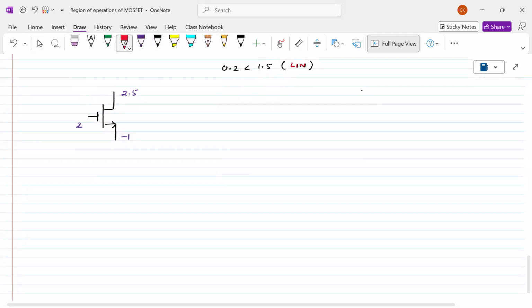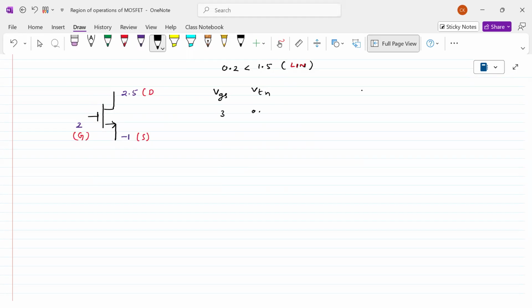Which one is the source here? It is -1, and this is the drain. Now what about VGS and VTN? The difference between these two is 3, and this is 0.5, and therefore the transistor is on.